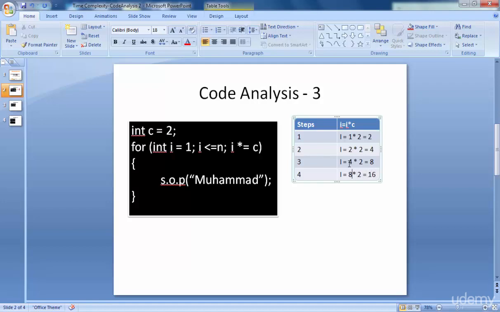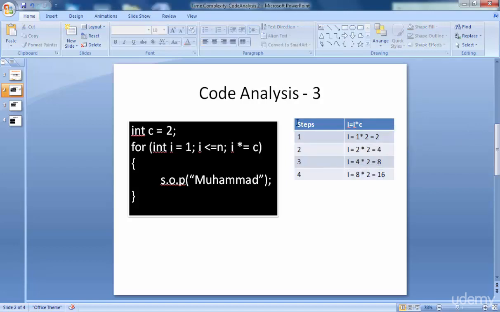And I hope you have guessed that there is a sequence in which the value is incrementing, right? So the sequence is 2 raised to power 1, this is 2 raised to power 2, this is 2 raised to power 3, and this is 2 raised to power 4, right?